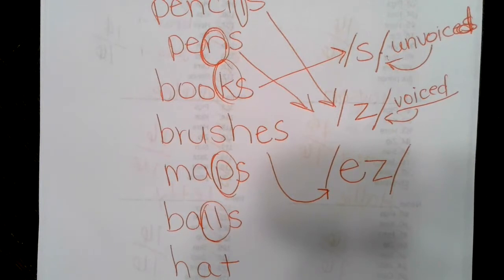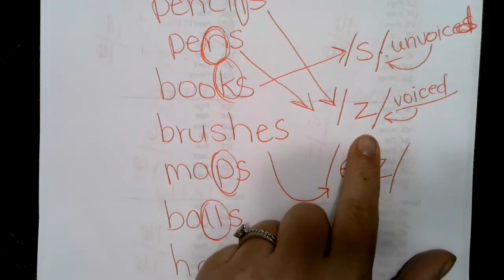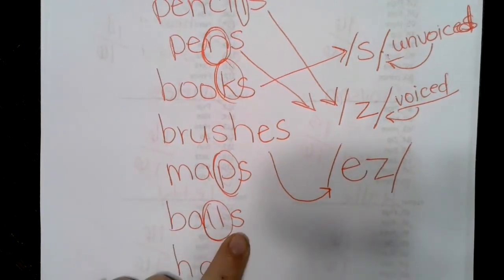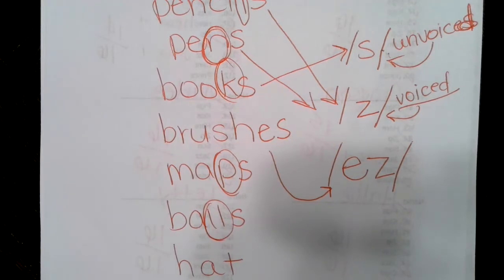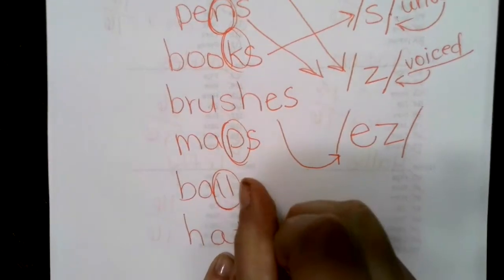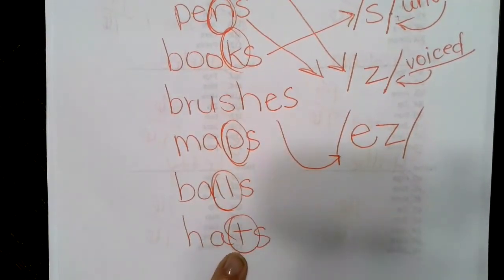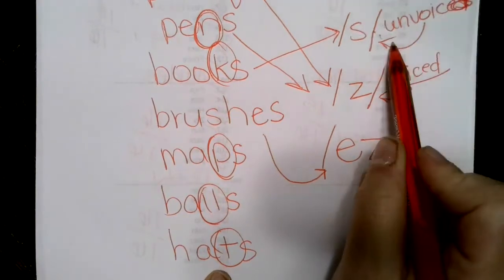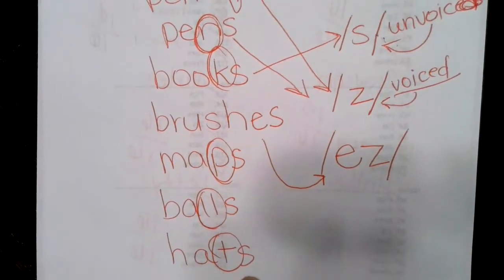Is L unvoiced or voiced? It's voiced. So our S has to be voiced. Balls. Balls. All right, what about this one? Hat. T, t. T is unvoiced, so what is our S going to say? It's unvoiced sound. S. Hats.